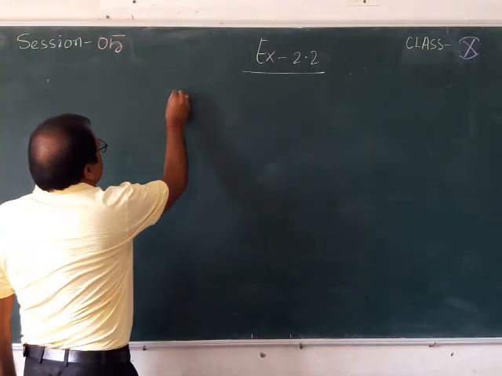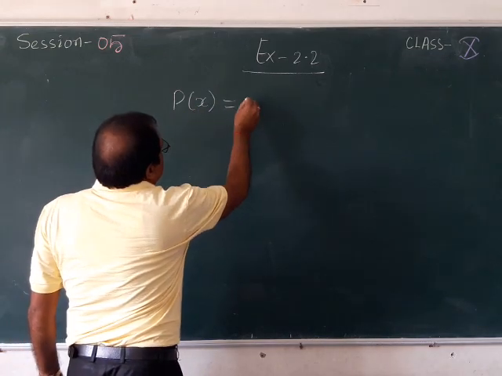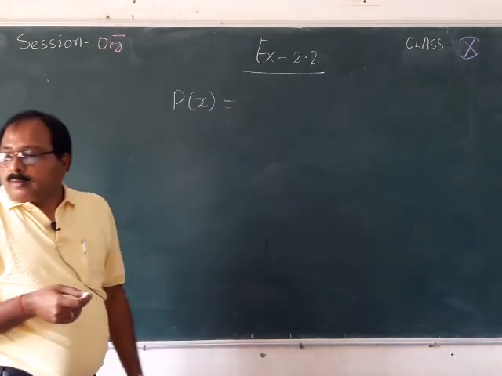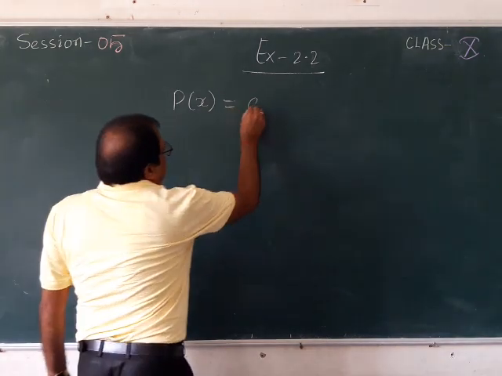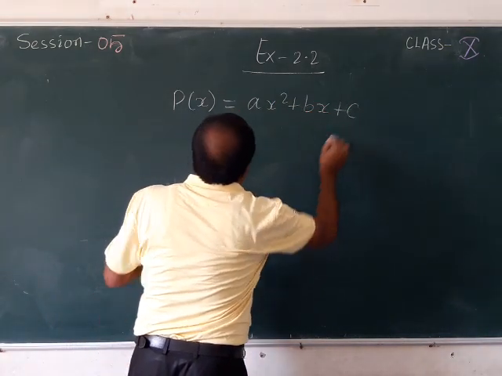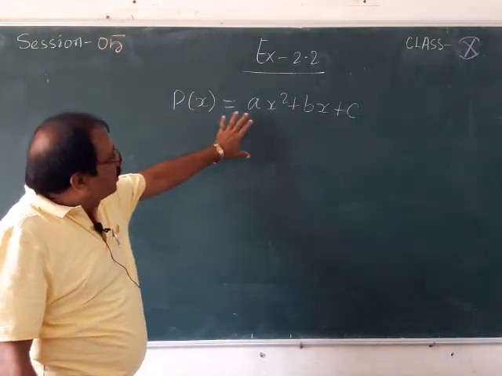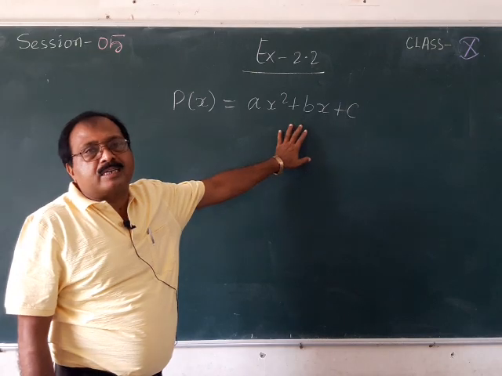You know that if I am writing a polynomial Px in this form, ax square plus bx plus c, then it is said to be a quadratic polynomial. This is the standard form of a quadratic polynomial.